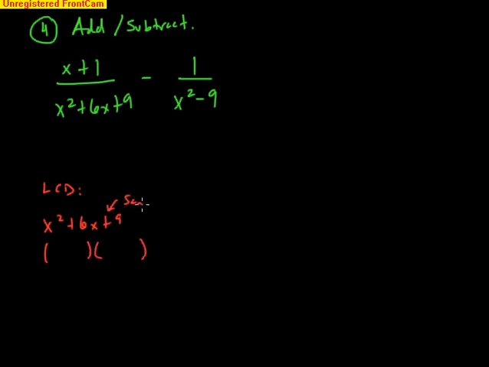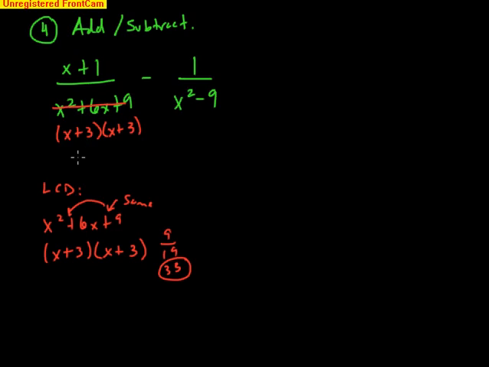Same signs with that plus c, so then we look to the middle. That's plus and plus. x squared is x and x, and now I want my factors of 9. 1 and 9, 3 and 3. 3 and 3 give me that 6. x plus 3, x plus 3. So this denominator is now x plus 3 times x plus 3.